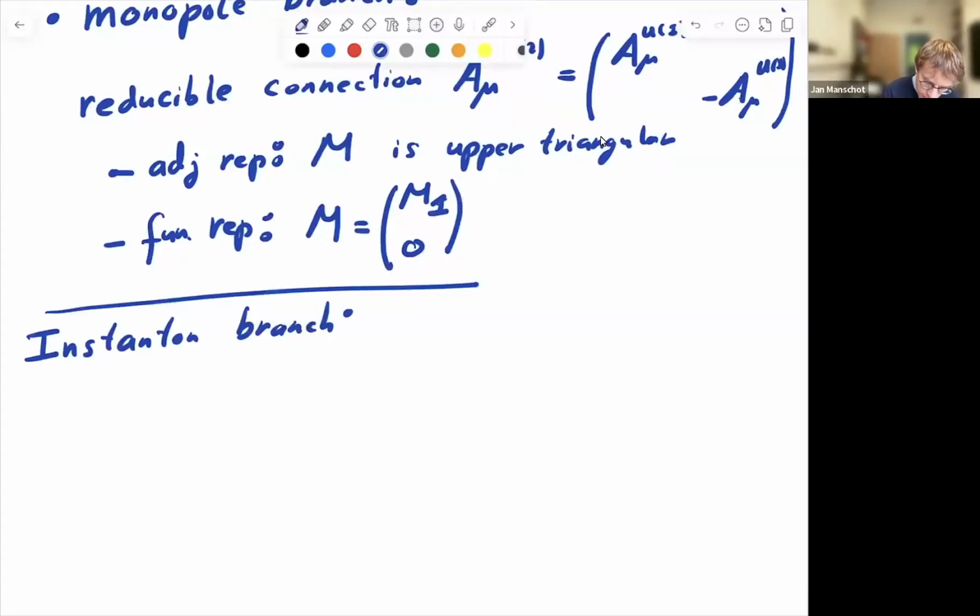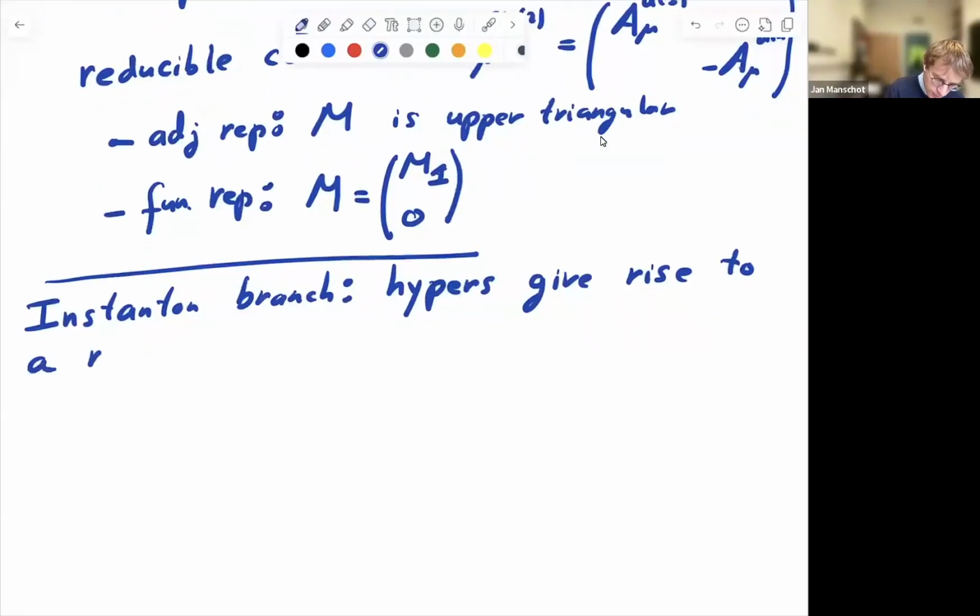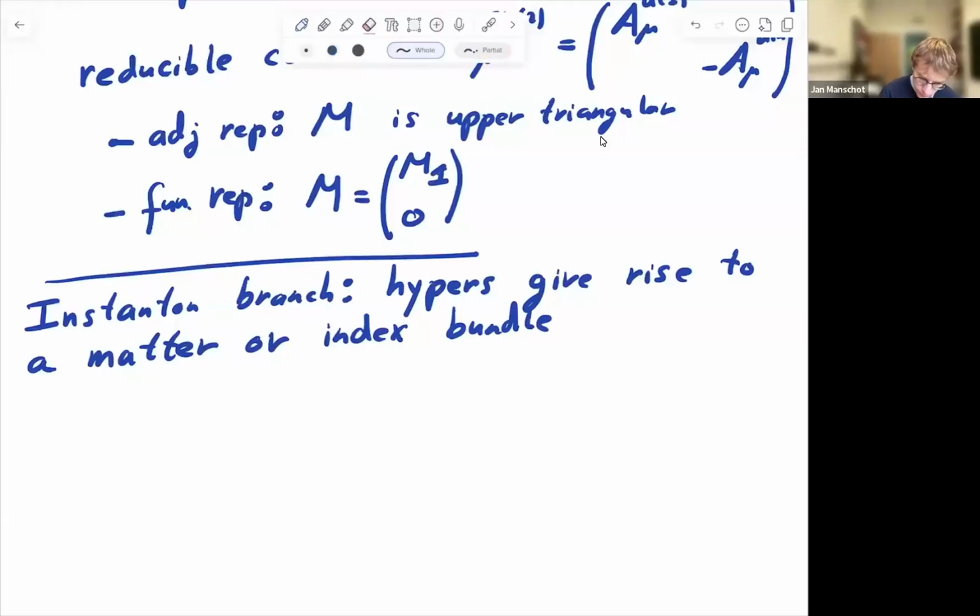The hypers give rise to a matter or index bundle W_K, and if we have multiple hypermultiplets, we have a number of these index bundles over M_K.